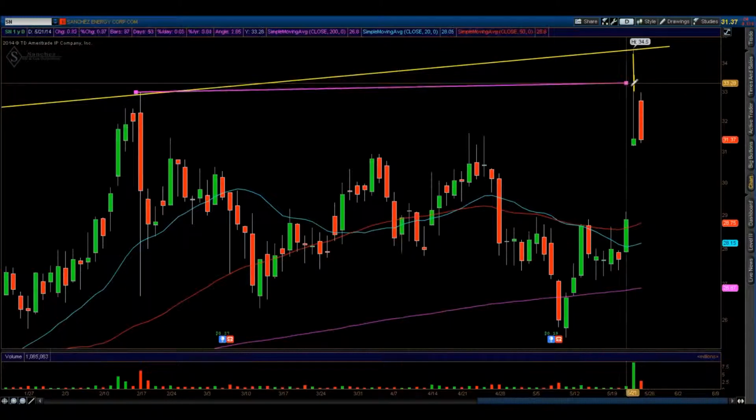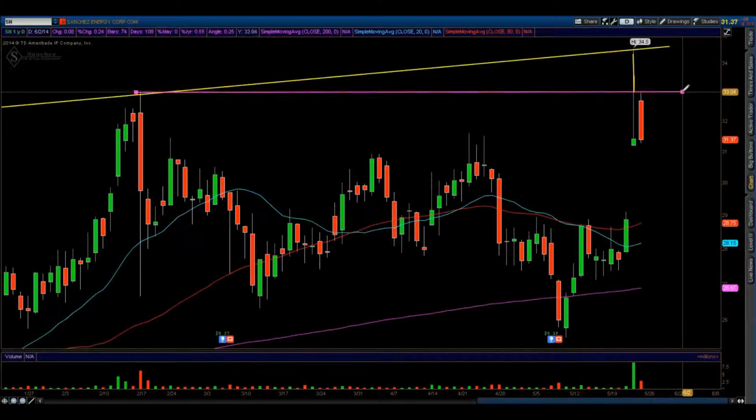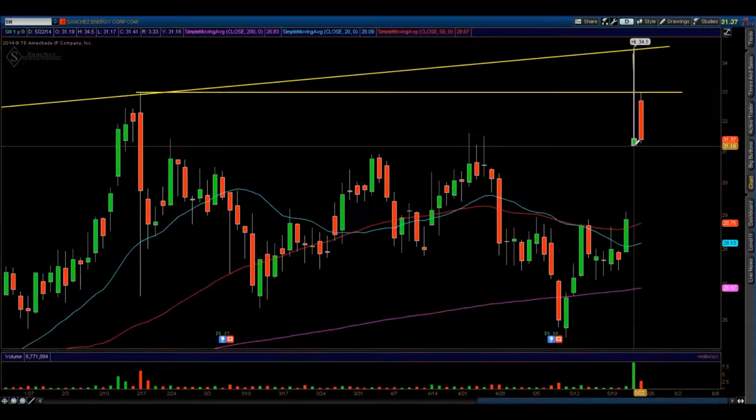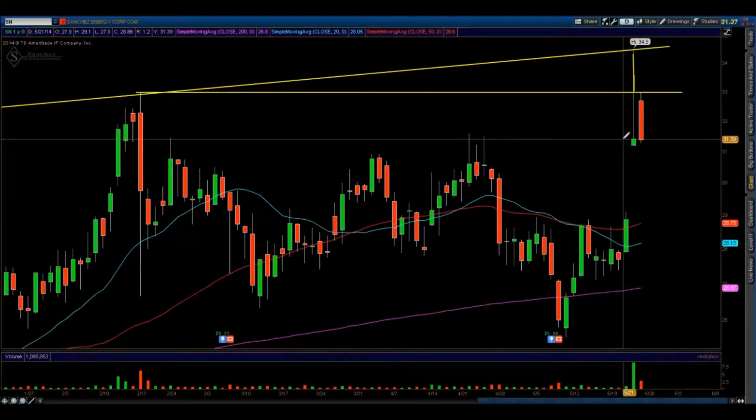So again, it's not perfect. There we go. The stock closed down here on this day at 31.41. Right here where my cursor's at.